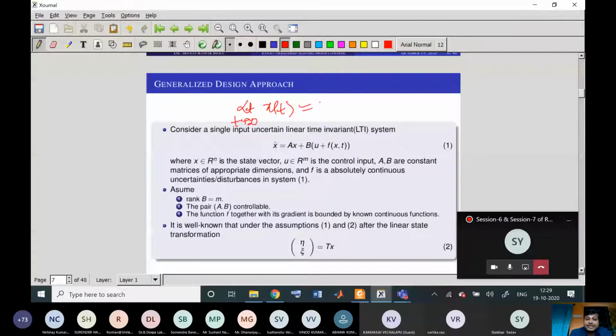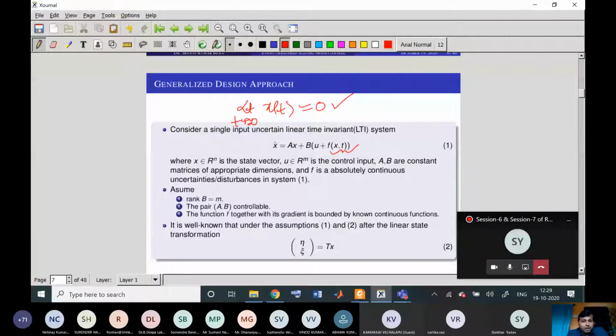And what is the challenge? The challenge is that we have to ensure asymptotic stability in the presence of this disturbance. Previously, in the previous lecture, we have shown that using the PI or PID and the state feedback controller, if the disturbance is present, at most we can ensure ultimate boundedness of the system, but we cannot ensure asymptotic stability in the presence of the disturbance.